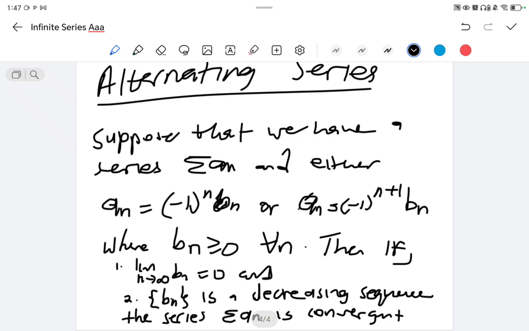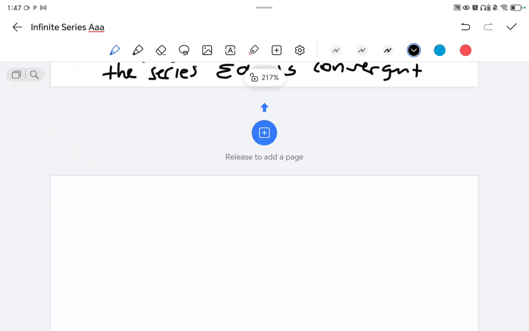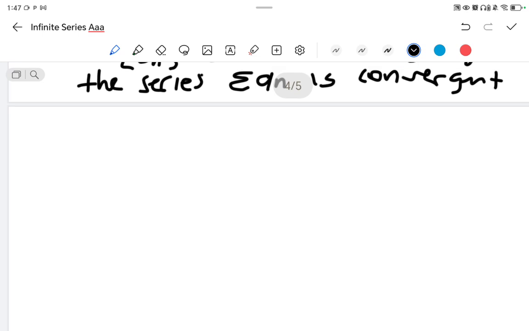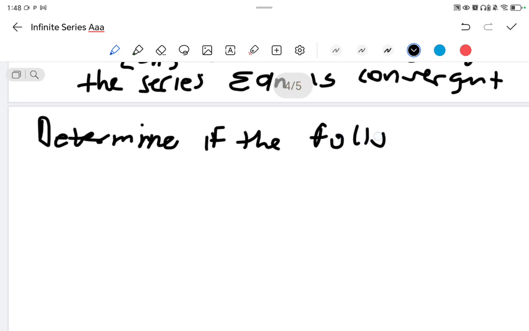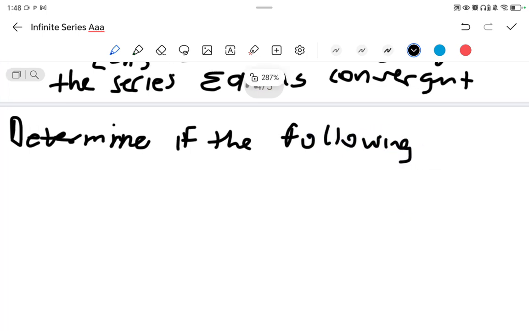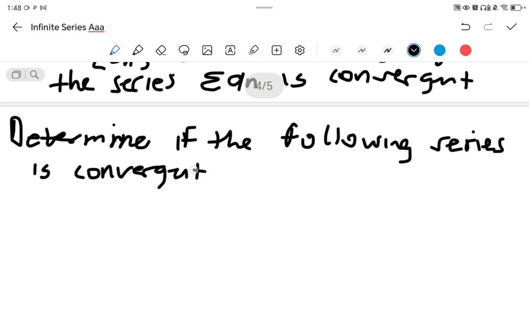And now we can try to look at some questions. So first, let's look at simple ones. We have the first one. They say we should determine if the following series is convergent or divergent.